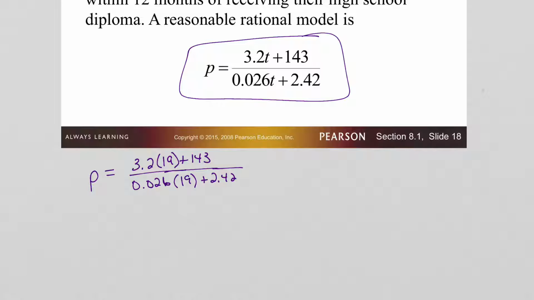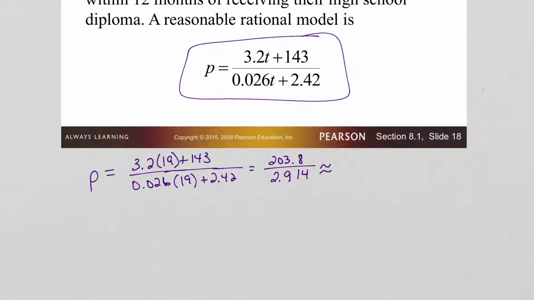All right, so now I'm going to grab my calculator and do some math. I'm going to do 3.2 times 19 plus 143, and I get 203.8. And on the denominator, I get 2.914.